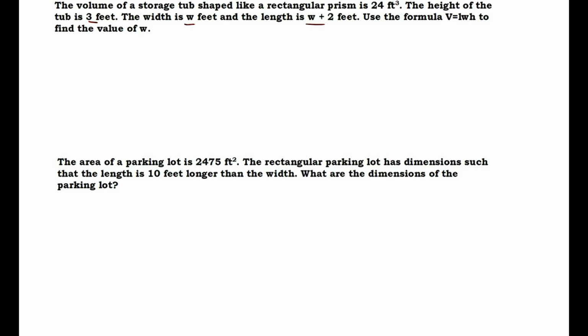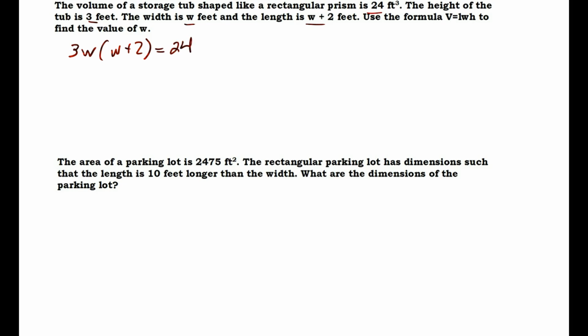I'm going to write this in a way I like to see it. So I would prefer to see 3 times W plus 2, length times width times height, and that's going to give me the volume of 24.